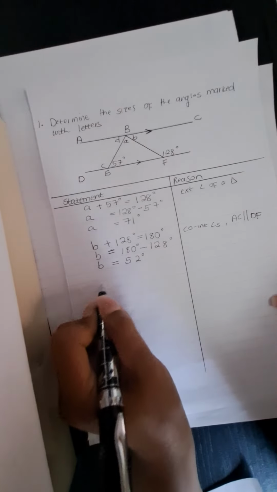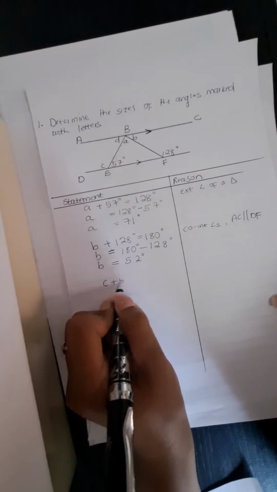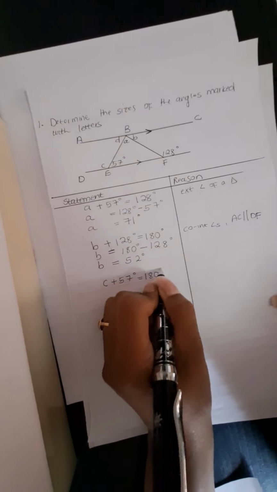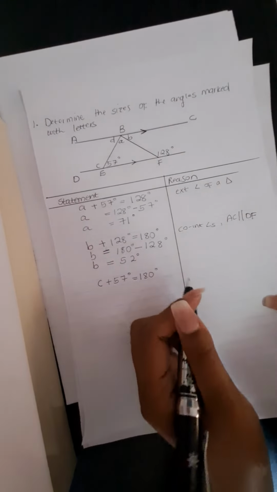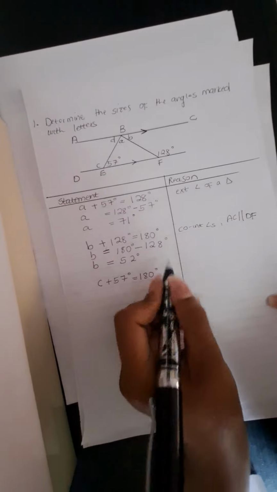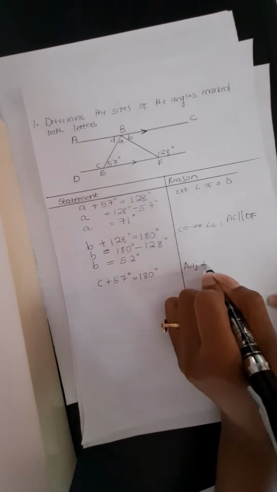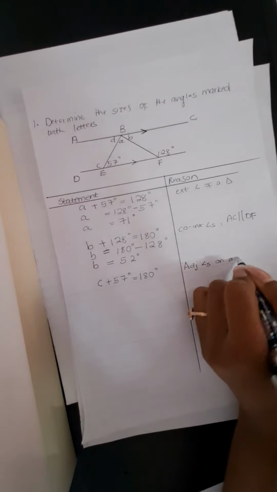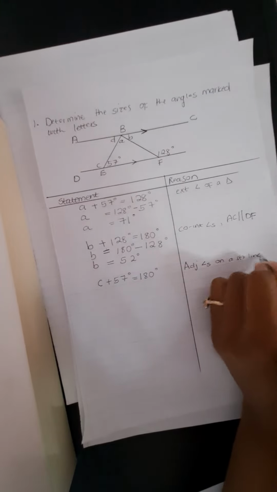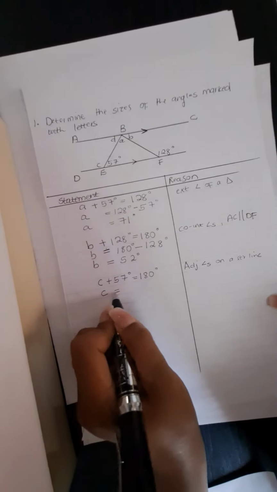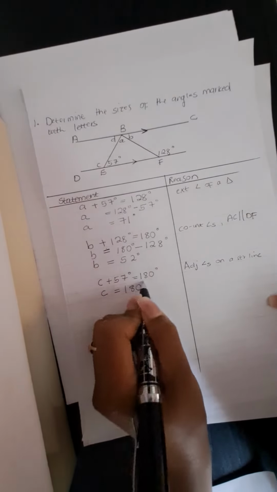Okay, your statement will be C plus 57 degrees is equals to 180 degrees. Your reason will be adjacent angles on a straight line. And then C is equals to 180 degrees.